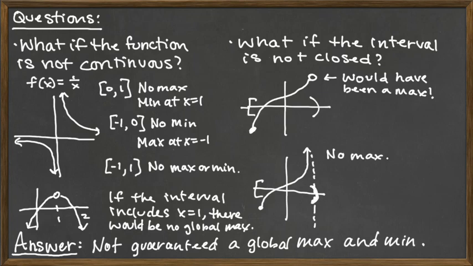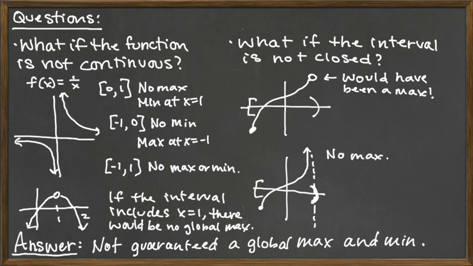And just because we're not guaranteed it doesn't mean it couldn't have it. We could have a function that's not continuous where the place of discontinuity is not a candidate for a max or a min. It's just somewhere else. And so we could have a non-continuous function having a global max and min.